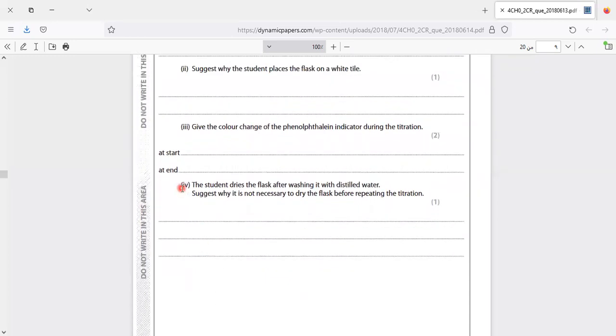Number four. The student dries the flask after washing it with distilled water. Suggest why it is not necessary to dry the flask before repeating the titration.